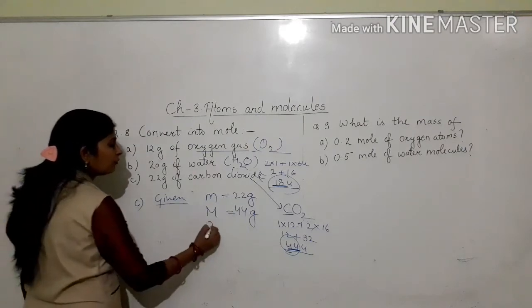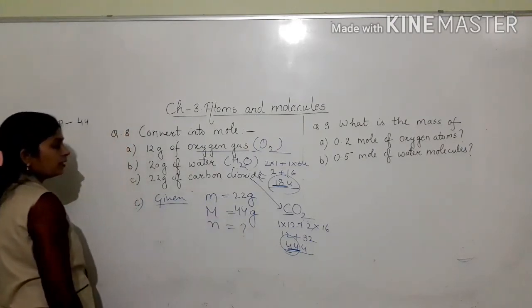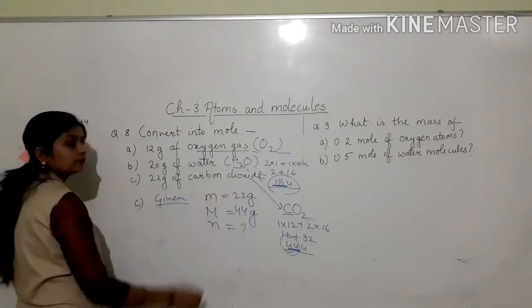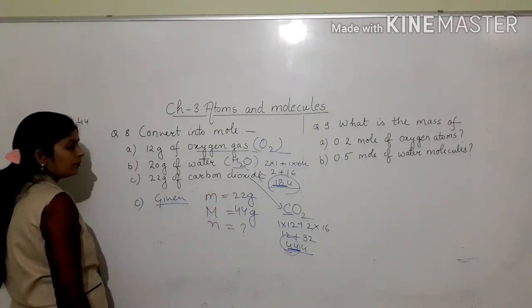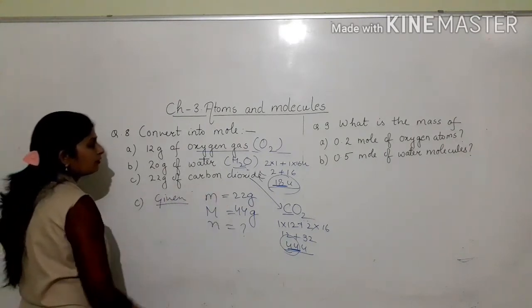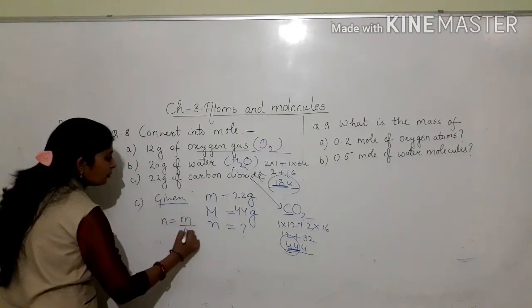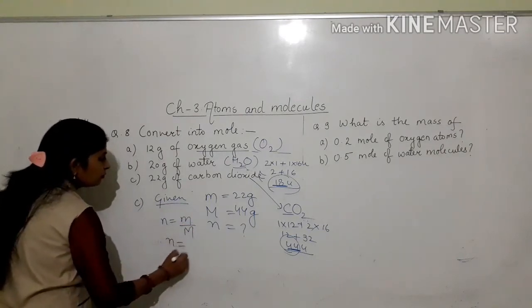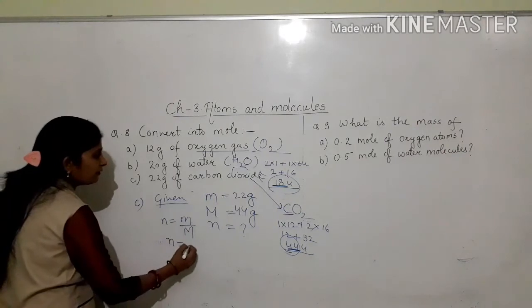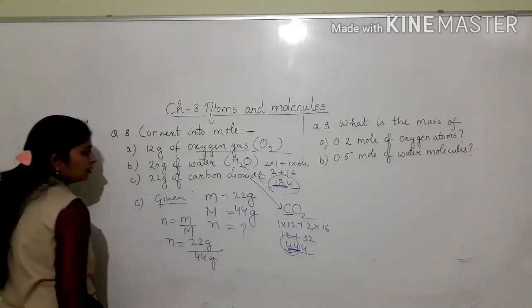Okay. Now we have to calculate the number of moles present in 22 gram of carbon dioxide. Number of moles is equal to given mass upon molar mass. Number of moles we have to find out is equal to given mass 22 gram upon molar mass 44 gram.